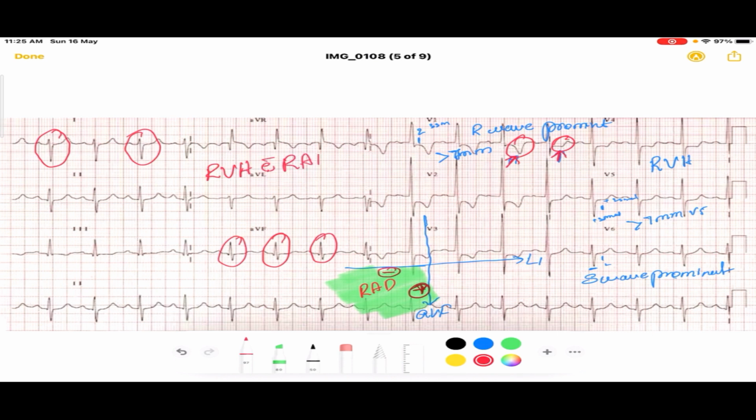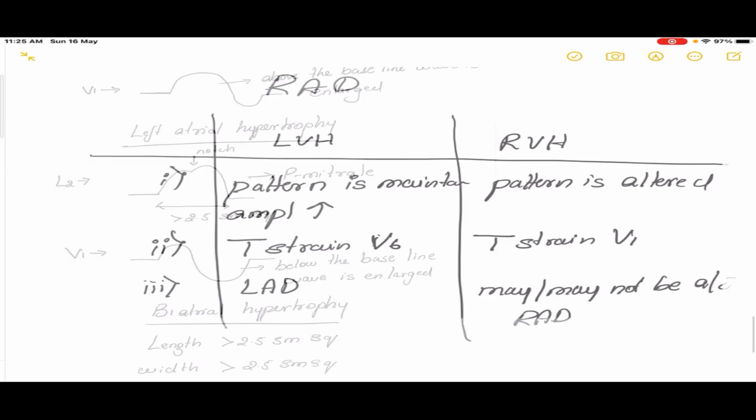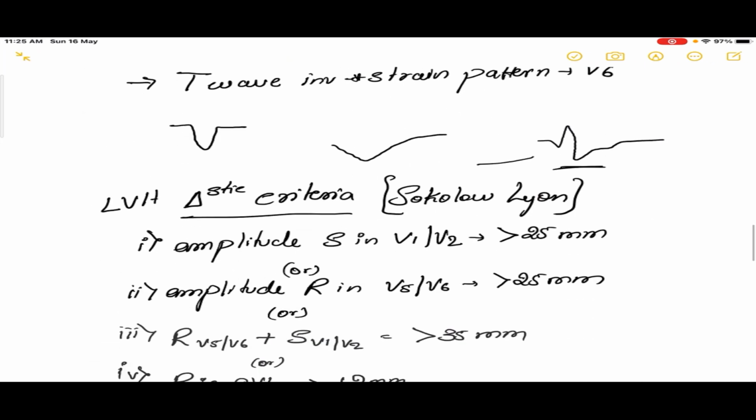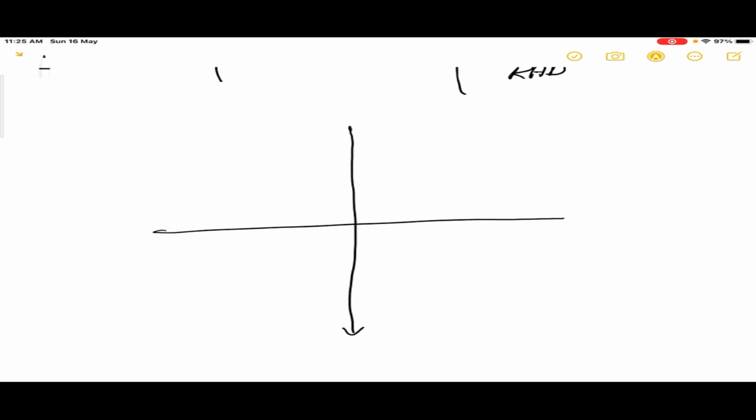So this is how we interpret ventricular and atrial hypertrophies. Now let's see why the axis deviation occurs in this way: why there is left deviation in left ventricular hypertrophy and right deviation in right ventricular hypertrophy. For this, this is the axis.